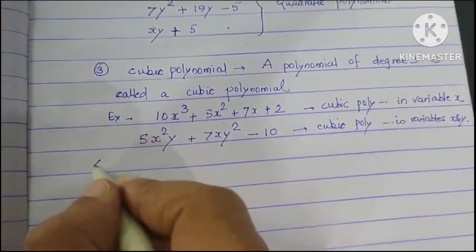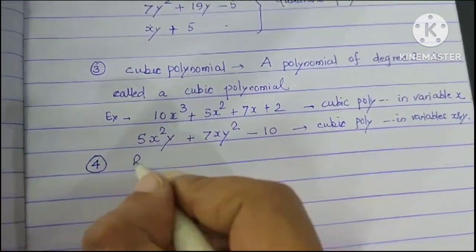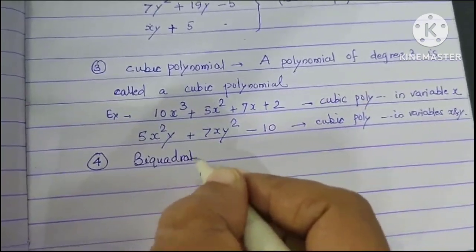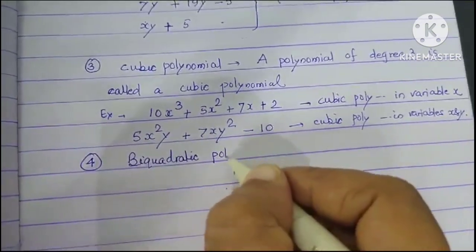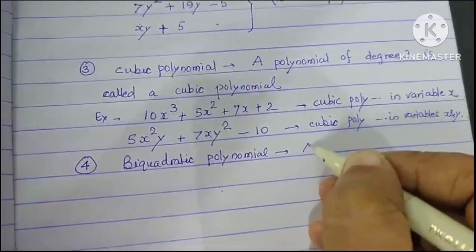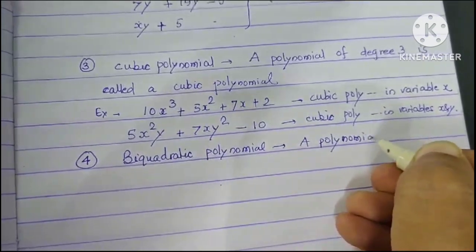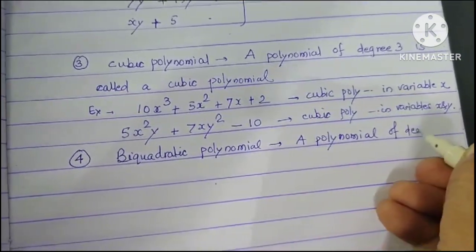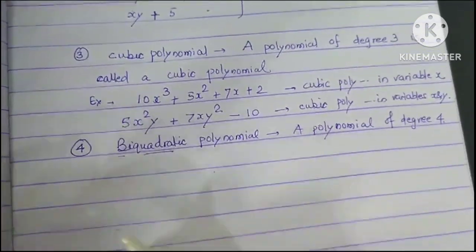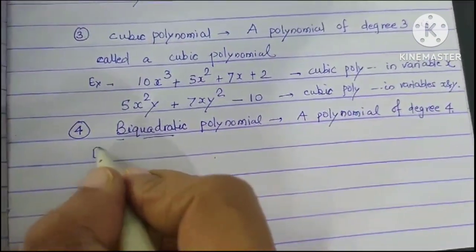Let us understand one more polynomial, the biquadratic polynomial. This will be a polynomial of degree 4, because bi means 2 and quadratic is of degree 2, so 2 times 2 is 4.